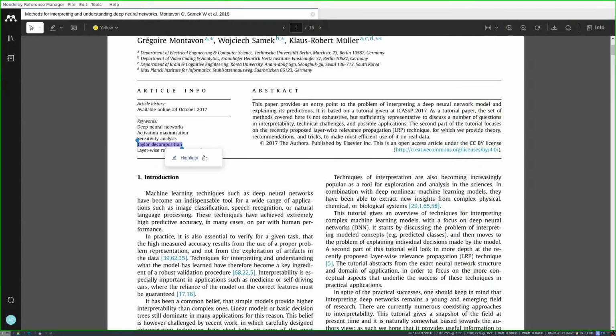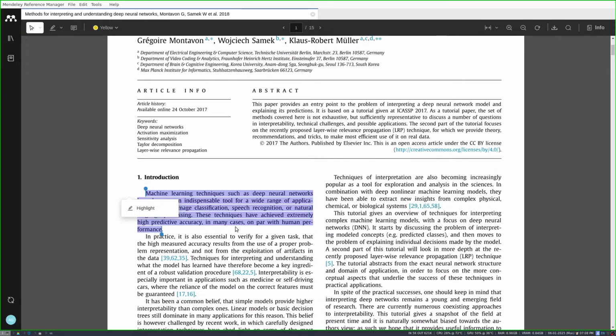Machine learning techniques such as deep neural networks have become an indispensable tool for a wide range of applications such as image classification, speech recognition, or natural language processing. These techniques have achieved extremely high predictive accuracy, in many cases on par with human performance.